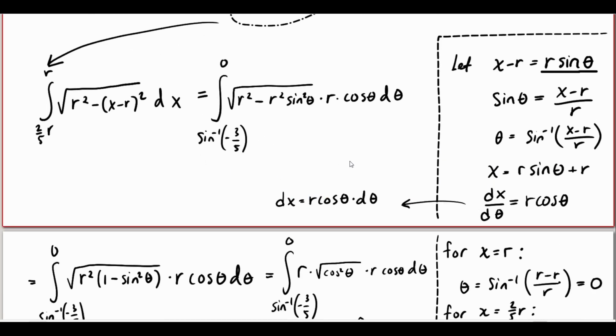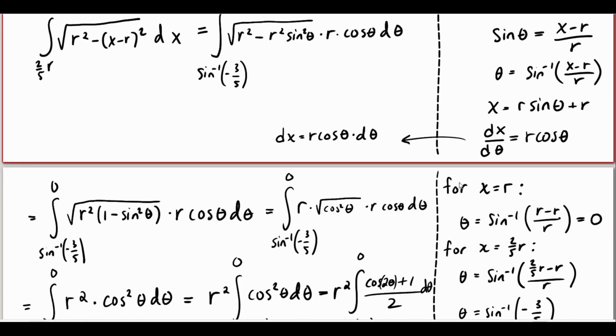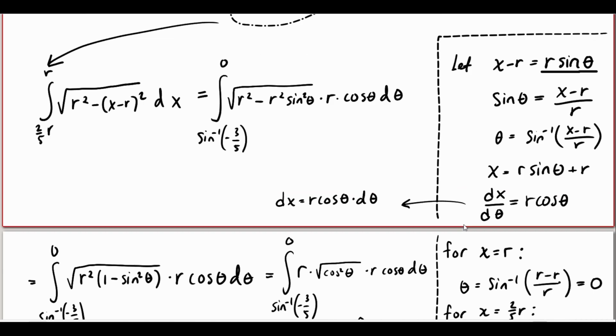We have this integral here, and we can see that for the lower x value, 2 over 5r, and for x equals r, we use this expression to find the theta value, because we are now integrating along the theta axis.